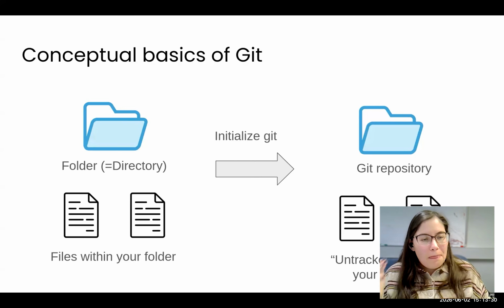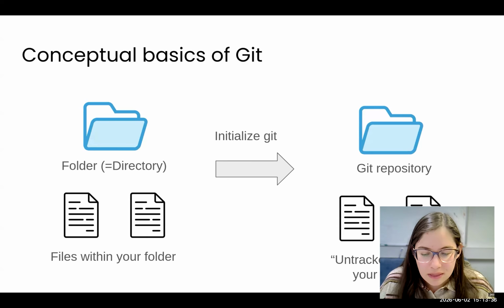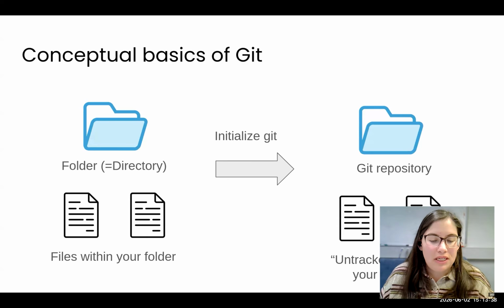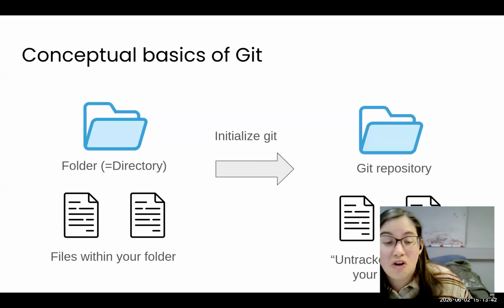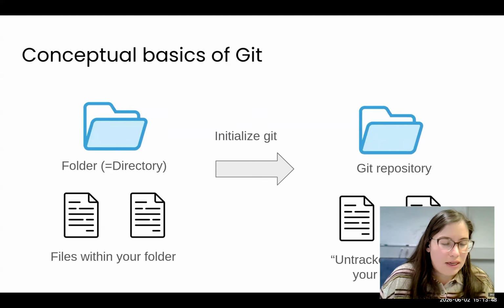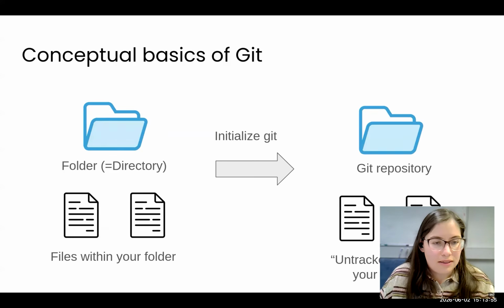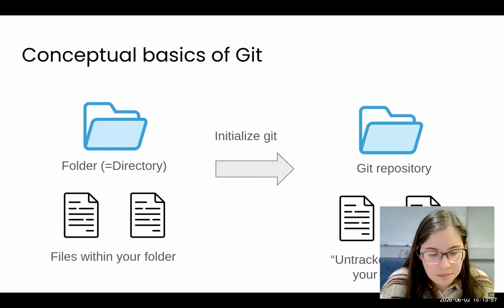So I already mentioned the word repository. A repository is going to be a folder or a directory in your computer, or it can be in Gadi, with files inside that folder. It actually can be as complex as you need, like with many folders and files organized in some way.